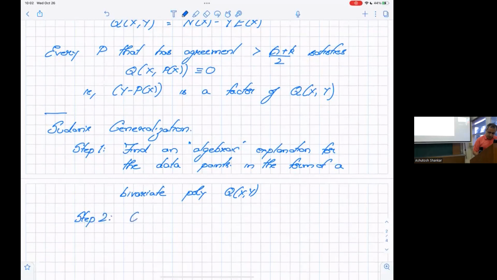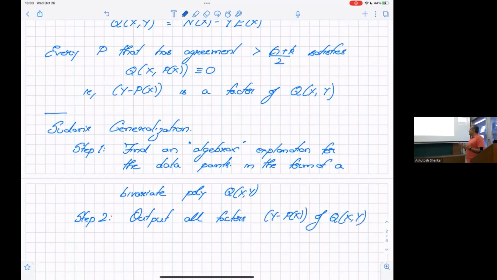Step 2: output all factors y minus p of x of Q of x, y.